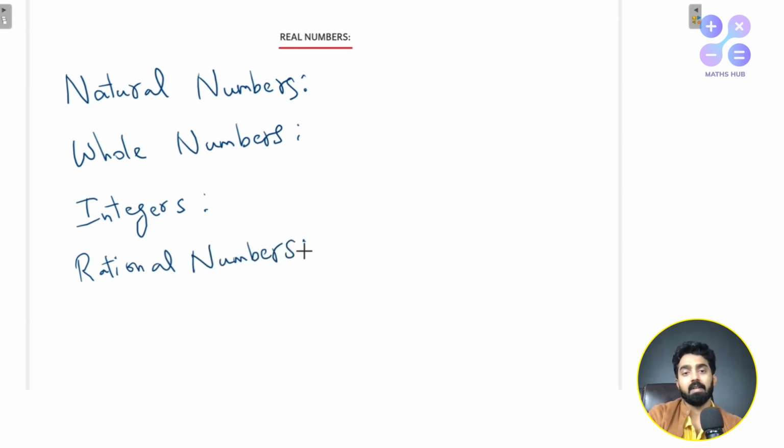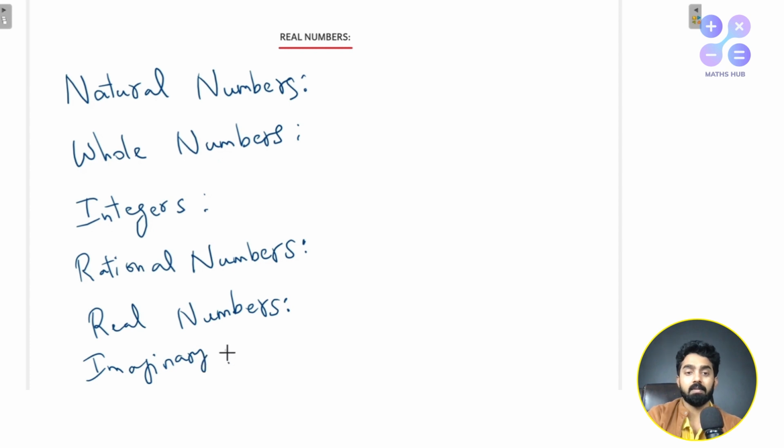And then we have real numbers. And then we can even go further from there to imaginary numbers. Imaginary numbers sounds spooky, doesn't it? Like they're imagined for some reason. They are not really imaginary, just that the way we understand them makes them look like they're imaginary.